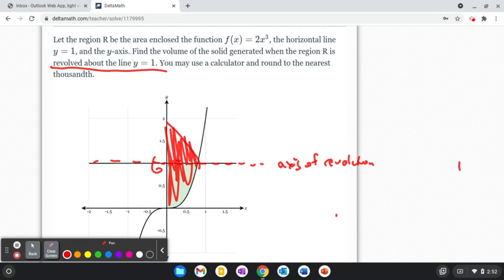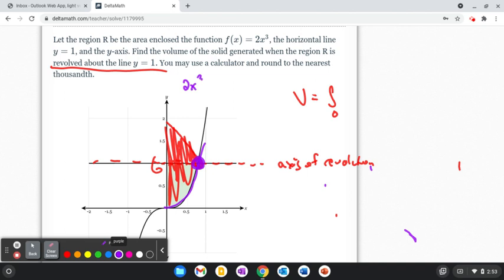All right, so we've got volume, integral from 0 to, now it doesn't actually tell us what that point is. We need to figure out what that point is. We can do so pretty easily. It's just where the function hits the line y equals 1, because we want the x value. It doesn't go all the way to 1 in the x direction. So we need to know where that equals 1.